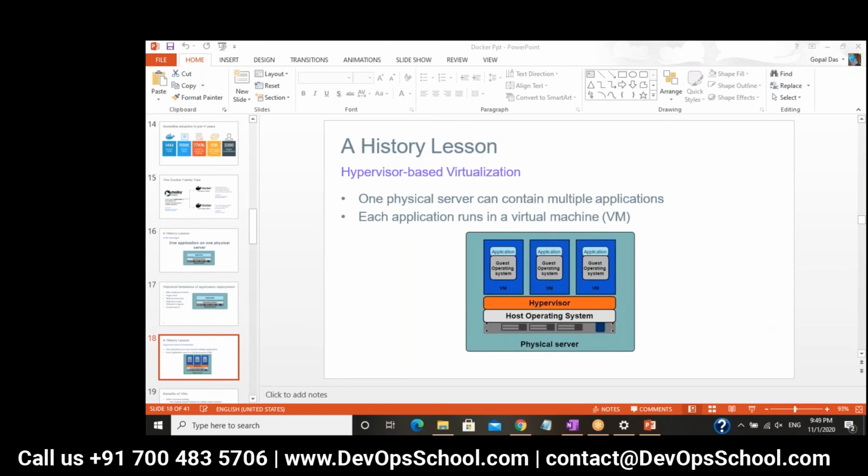When we talk about a hypervisor, what is the job of a hypervisor? Sharing the host operating system's storage and memory with the VM, syncing memory and the storage.